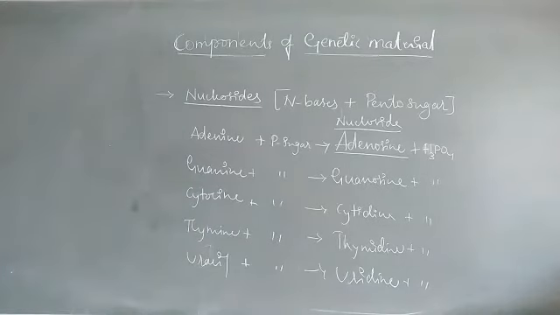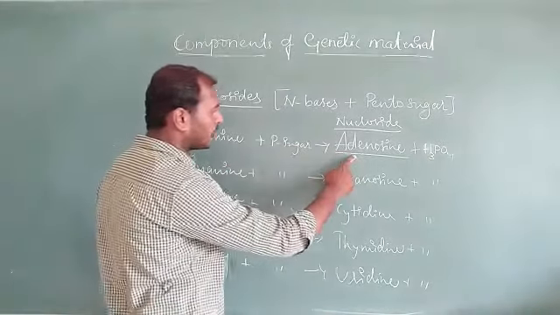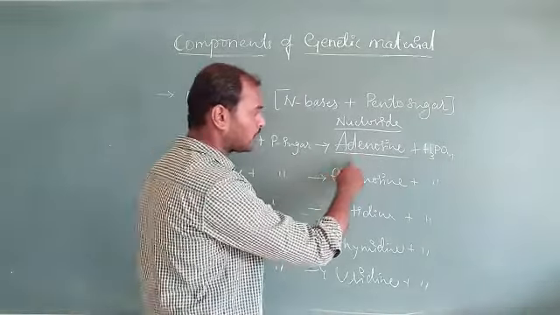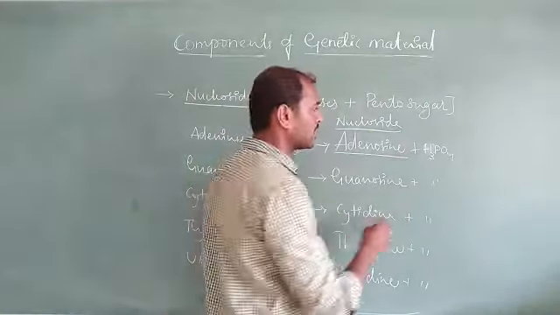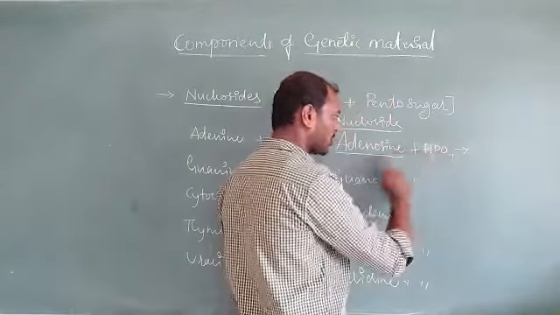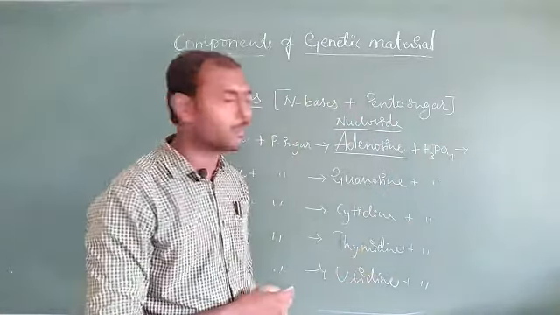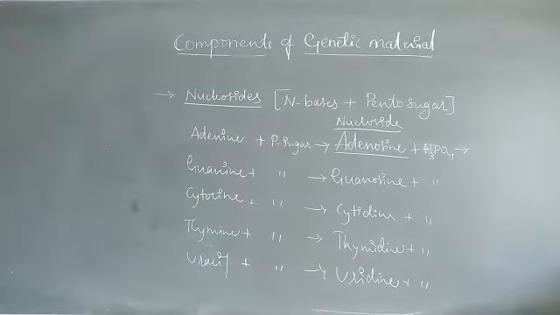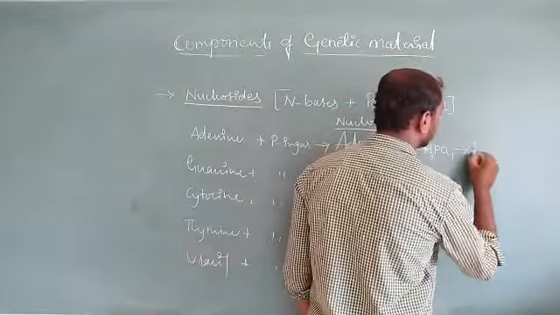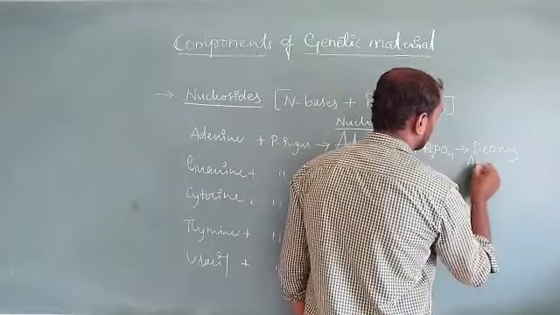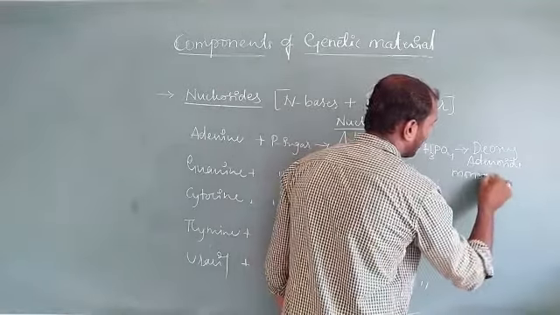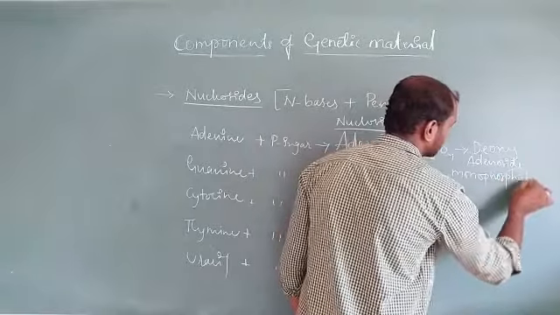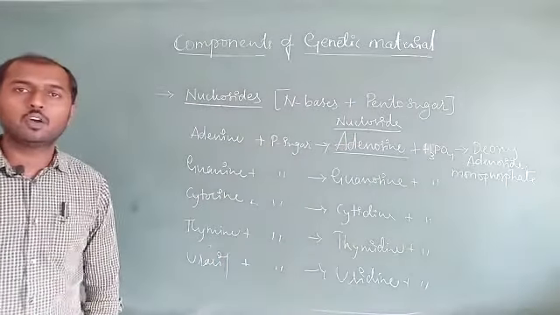Adenine and sugar react to form adenosine, and it reacts with phosphoric acid. The output of this reaction is called deoxyadenosine monophosphate.